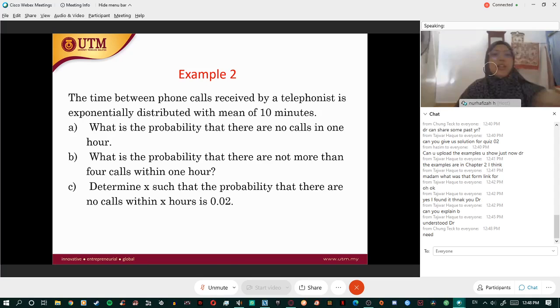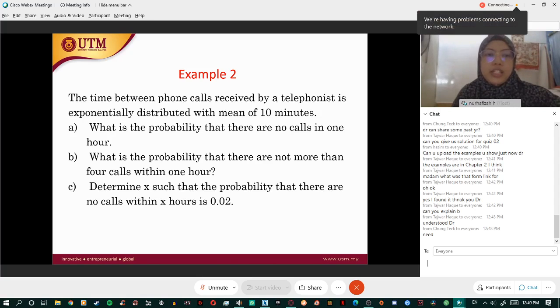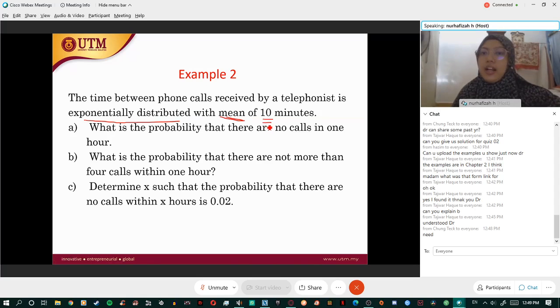So the time between phone calls received by a telephonist is exponentially distributed with a mean of 10 minutes. Okay, please be careful. This is the mean of the exponential distribution, so this 10 is not the lambda.